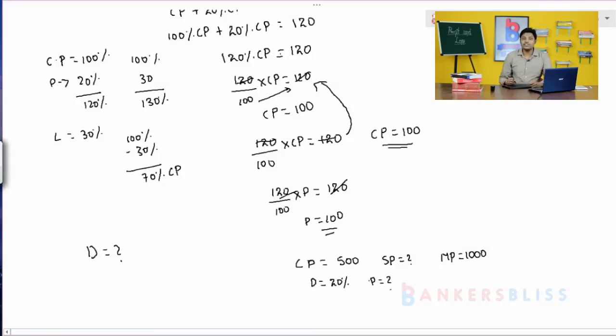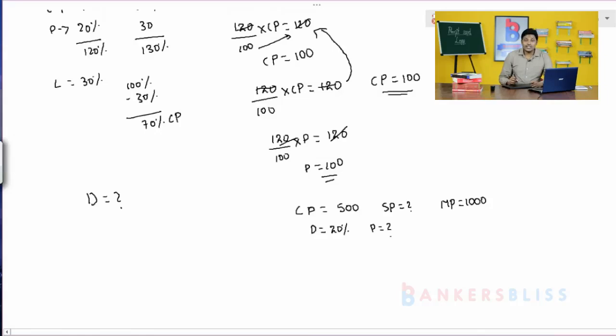So how to calculate the profit? See here, the discount is always calculated on the market price. So they are giving 20% discount, which means you have to reduce 20%. That is nothing but you have to calculate 80% directly. So 1000 into 80%. A 20% discount is nothing but 80% of the amount they are giving.